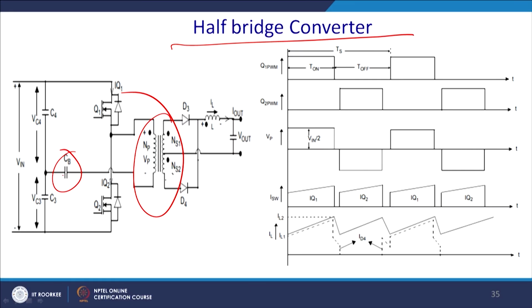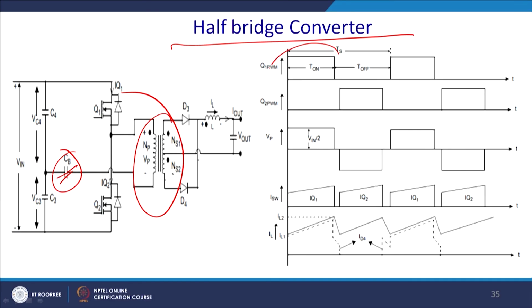So a DC blocking capacitor is required, so that the core does not get saturated. We shall see the stress across the switches and other issues here, and we will find it is better off than the push pull converter.